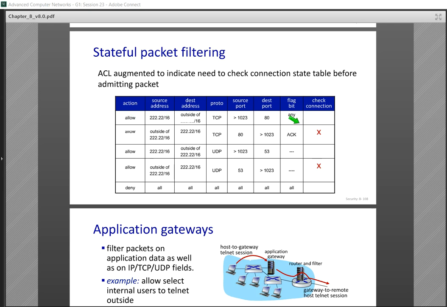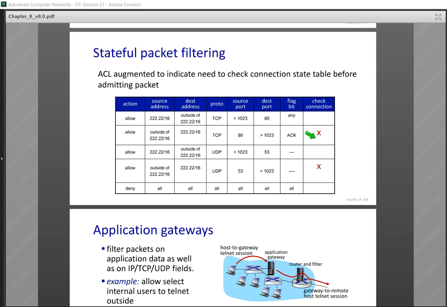Look at this one here. The first row is checked same as previous, but the second row needs to check the connection, and especially the fourth row. In some cases, we will try to check the connection.